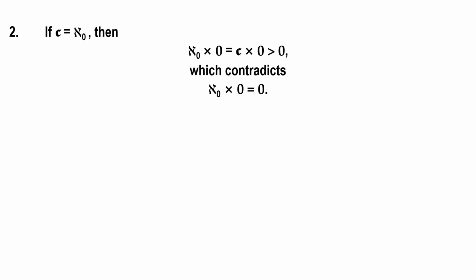If C equals Aleph null, then Aleph null multiplied by 0 equals C multiplied by 0, which is larger than 0, which contradicts Aleph null multiplied by 0 equals 0.